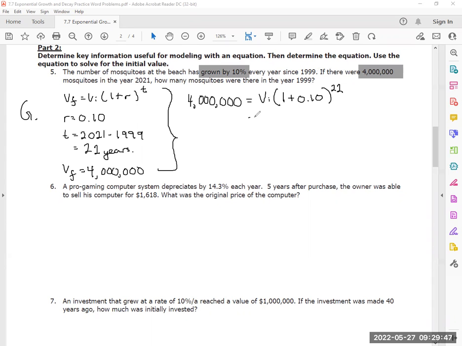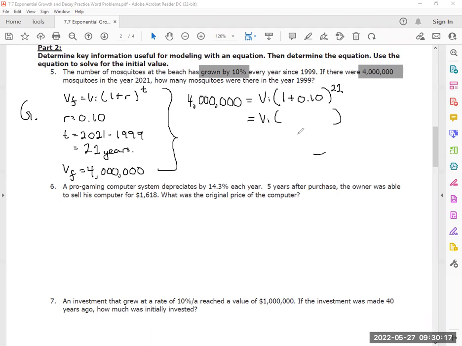So here is how we go about questions where we have the final value, we don't have the initial. Would someone please do 1 plus 0.1 and then all of that to the power of 22? Tell me what that is. Take your time, because I know it's distracting.